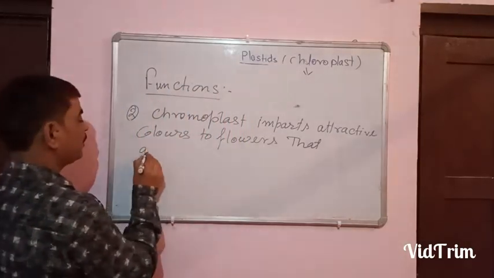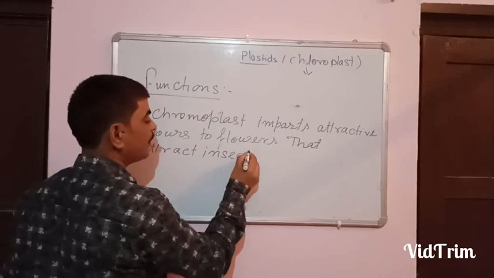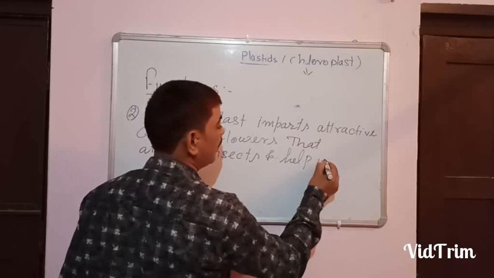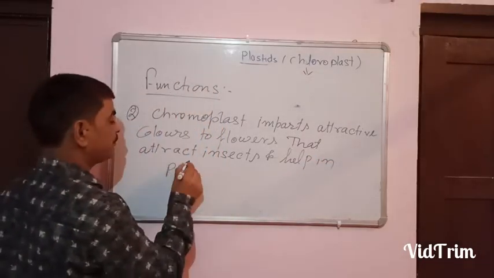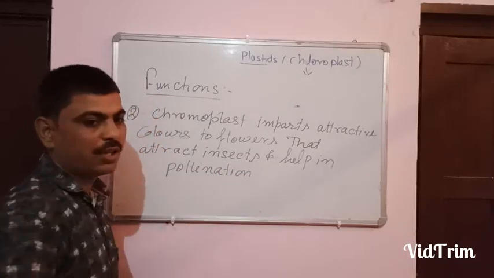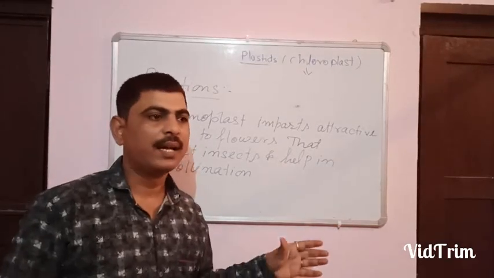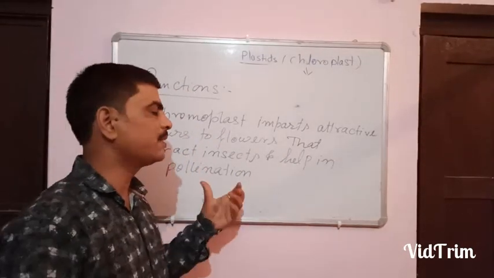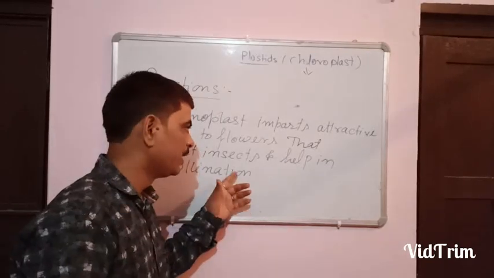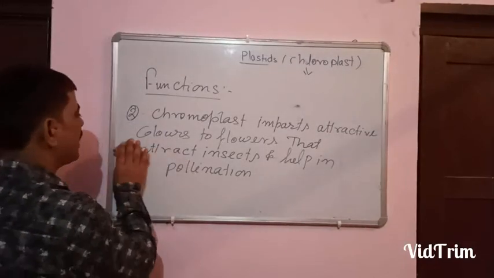Because of the attractive color of the flowers, insects are attracted towards the flower, and they help in pollination. They stick the pollen grains of the flower and distribute them on the other flower. They help in cross pollination. That is the importance of the plastid, that is, chromoplast.